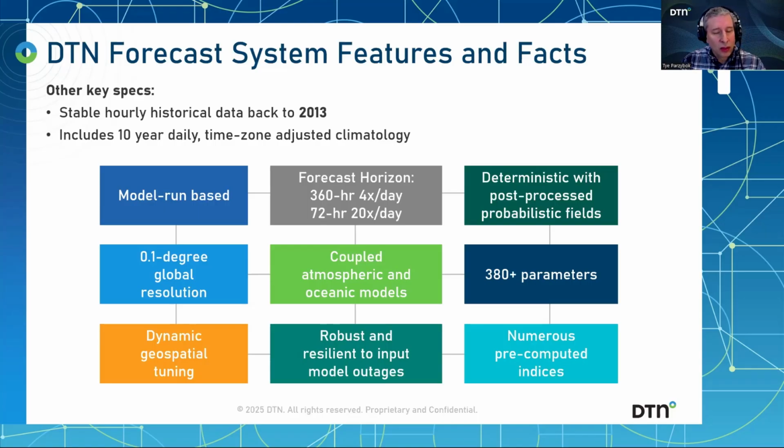From this historical data, we've computed a 10-year climatological data set. When I say time zone adjusted, it's basically that we've adjusted it to be a midnight to midnight day. And so you can get, again, 31 different weather parameters, and we are actually adding marine parameters now as well to these data sets for historical analyses.